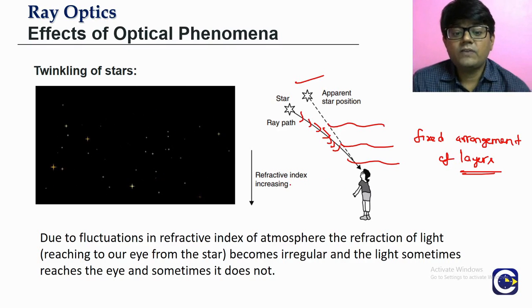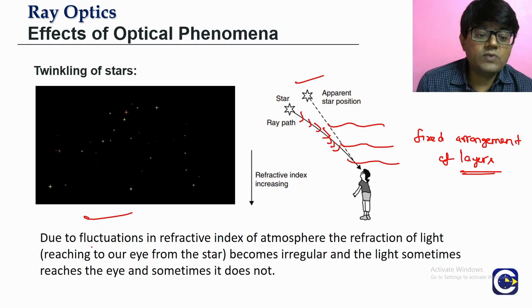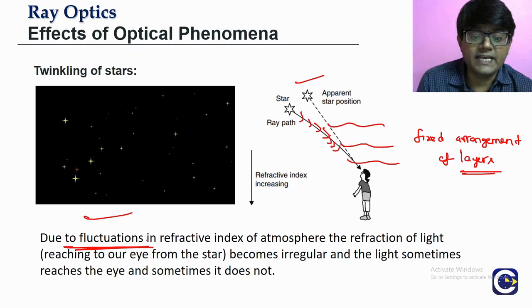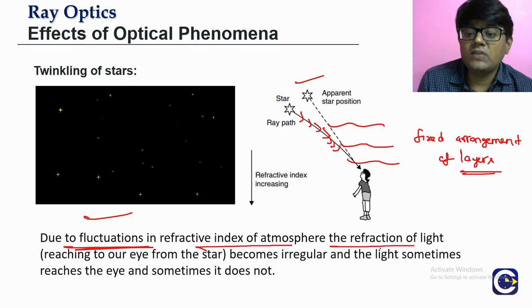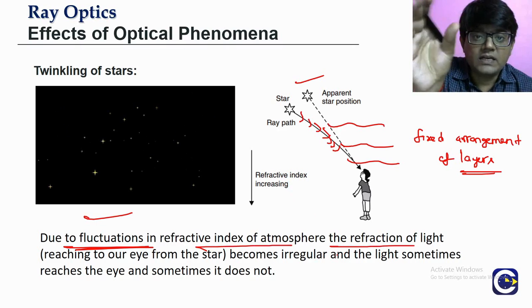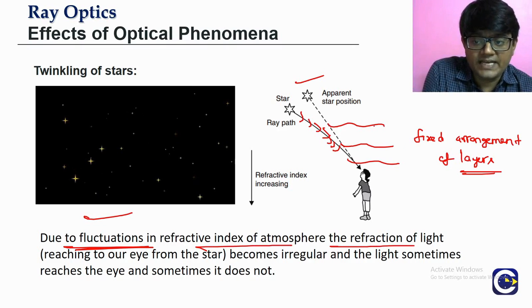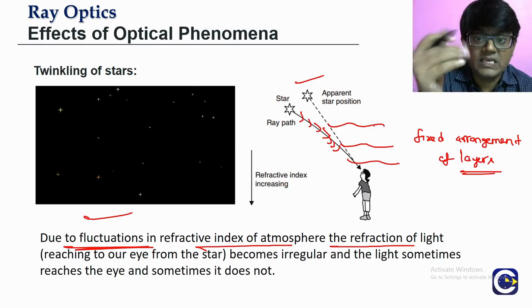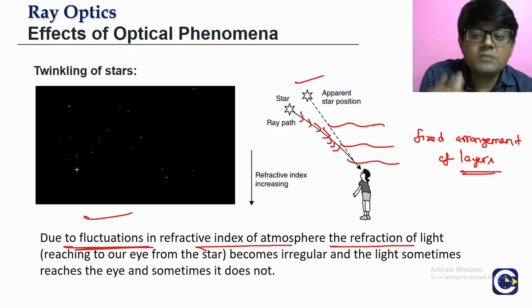As a result, because of the fluctuations in the atmospheric layers, the refractive index of the atmosphere will keep changing. The refractive index values of these layers are not always constant. They will keep changing.